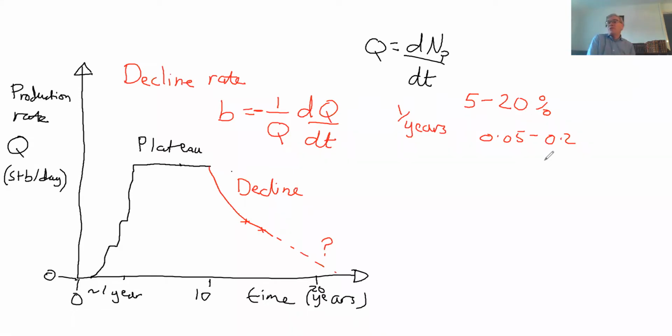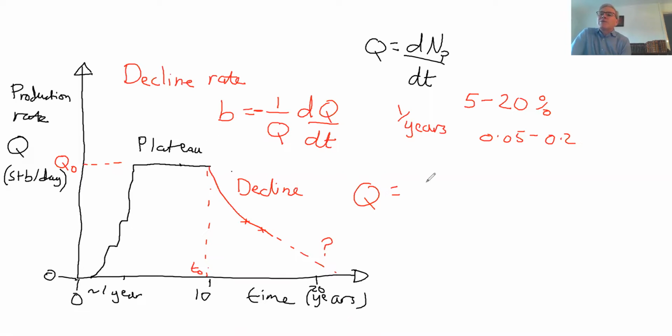Obviously, you can look at this equation. It's not terribly difficult. If D is a constant, well, then you can integrate this equation. And let's actually get some constants out. Let's call this time t0 when you first go off plateau, and Q0 being the plateau rate. Then you can write that Q in the decline phase, so in the red phase, not when it's on plateau, not when it's building up, because that's dealt with, am I drilling the wells, okay?